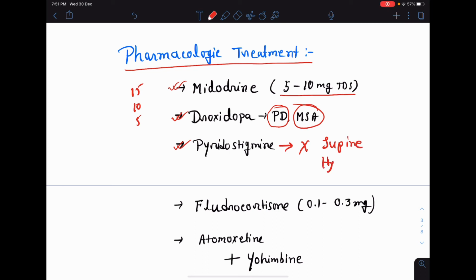Other drugs like midodrine, droxidopa or fludrocortisone commonly cause supine hypertension, which is not caused by pyridostigmine because it enhances ganglionic transmission probably only in the standing position, not in the supine position. So in this way, supine hypertension can be avoided.